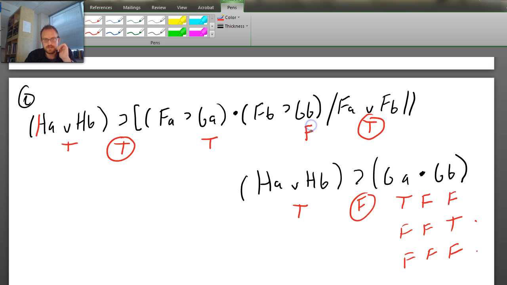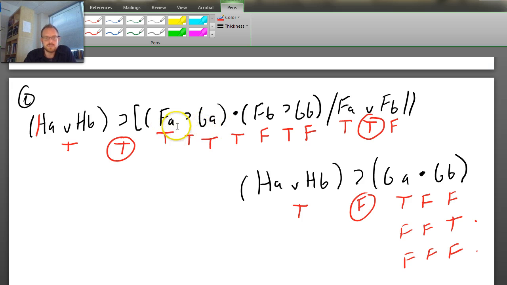In order for this one to be true, if this is true, this has to also be true. But my GB here is false, so that means FB has to also be false. So if FB is false in this section, then FA has to be true.